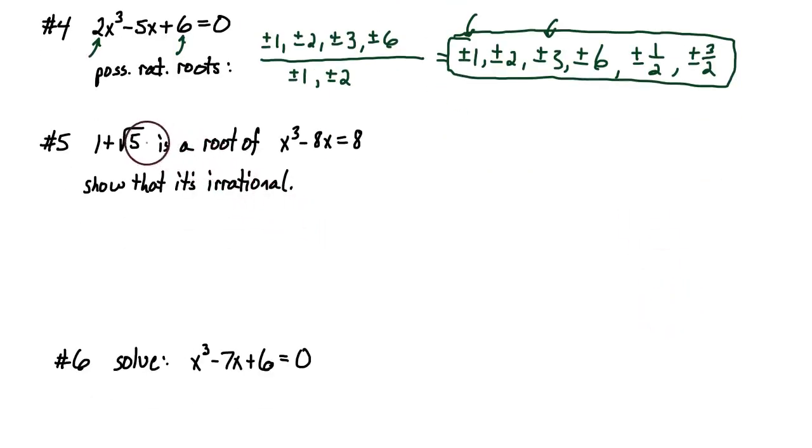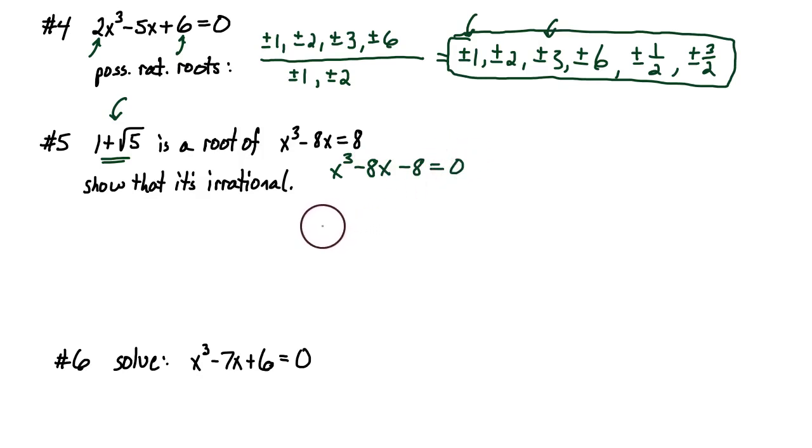Number 5, we're told that one of the solutions to this equation is 1 plus the square root of 5. We're asked to show that this expression is an irrational number. To do this, let's change this equation into its standard form by subtracting the 8 to the left side, getting equals 0.